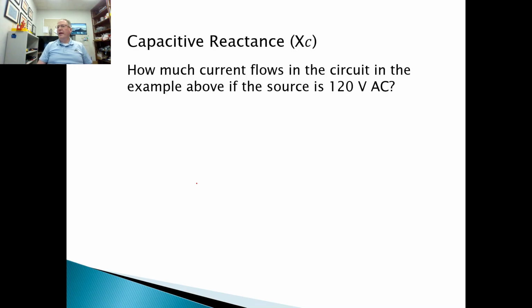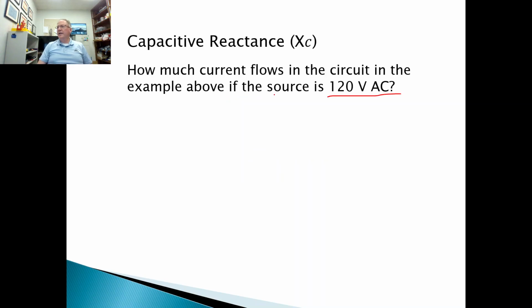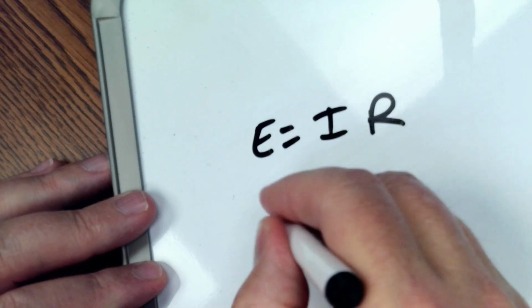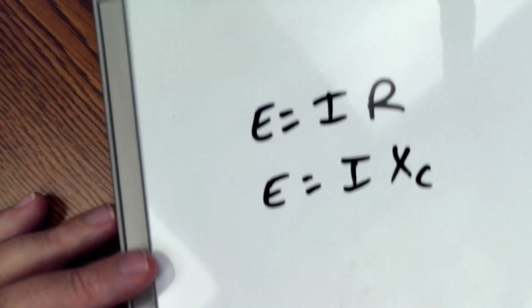All right? And you can also figure out how much current flows in the circuit in the example above if the source is 120 volts AC. So in this one, we know X of C equals 800 ohms and the voltage is 120 volts AC. So we know our Ohm's law is E equals IR, or E equals I X of C in a purely capacitive circuit.